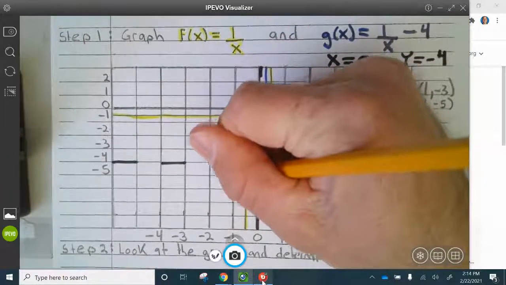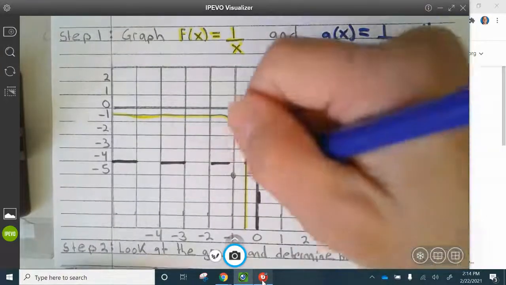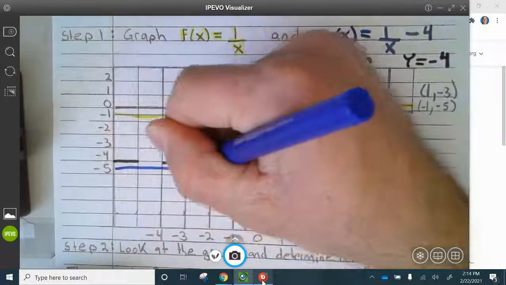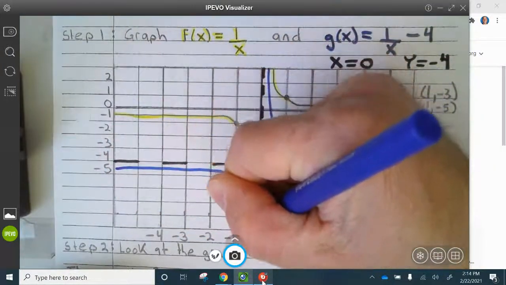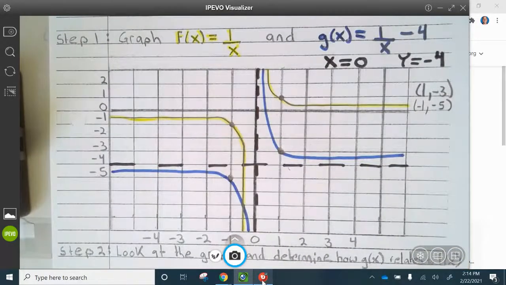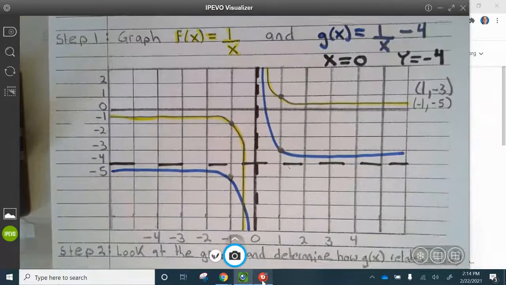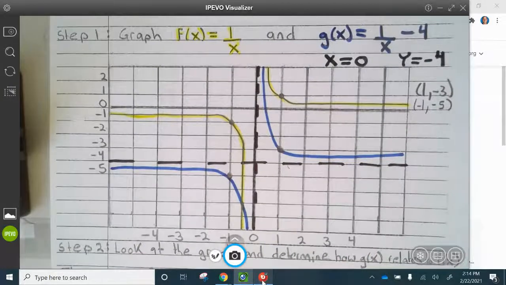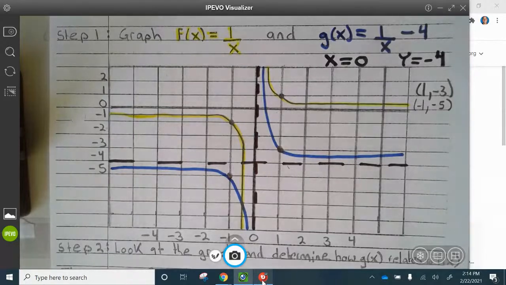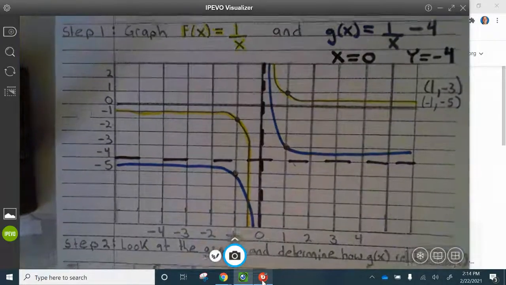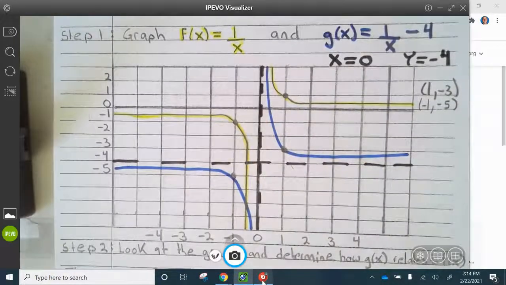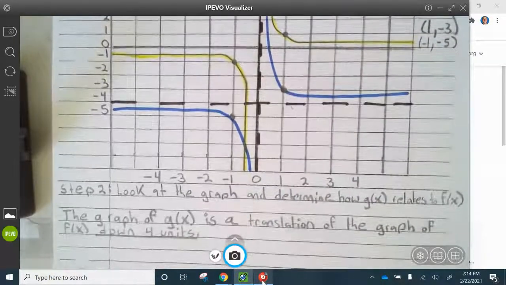Okay. All right, now let's take a look at step 2. The graph of g of x is a translation of the graph of f of x down 4 units. Let's do the next question.